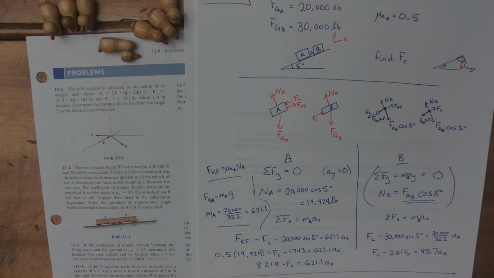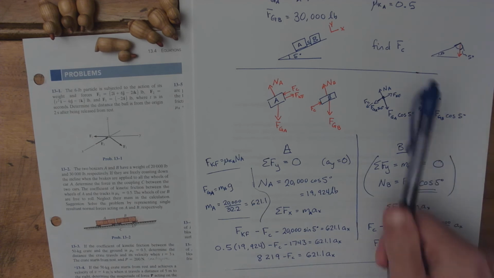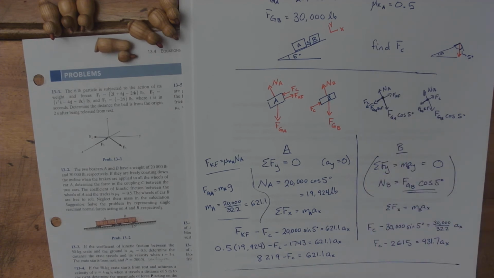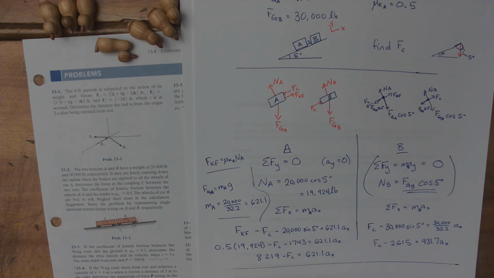Now we have two equations and two unknowns. So I can now solve these two equations, and what I'm looking for is force C, which means I can solve this equation for AX, plug it into this equation here, and find force C. Or if you want to find the acceleration, you could solve this for force C, put that in there, find the acceleration, and then use either one of those equations to find FC.